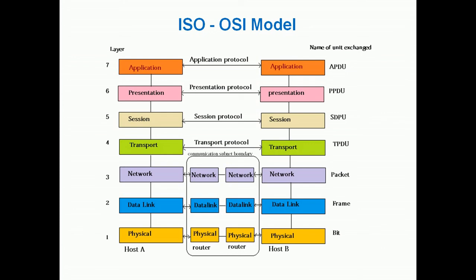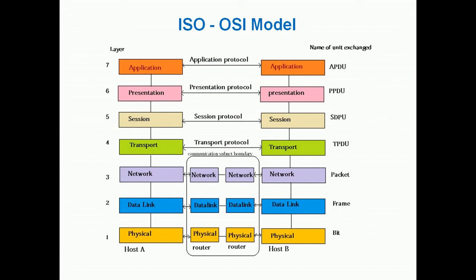And the next layer is the application layer. All the protocols such as hypertext transfer protocol, file transfer protocol, telnet, and email SMTP work on this application layer.